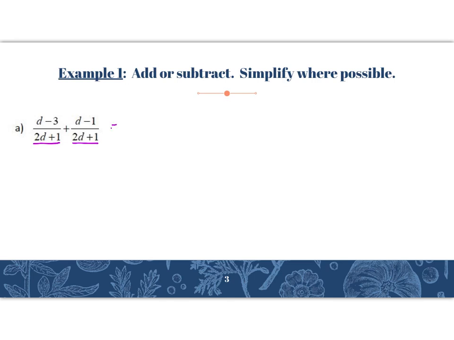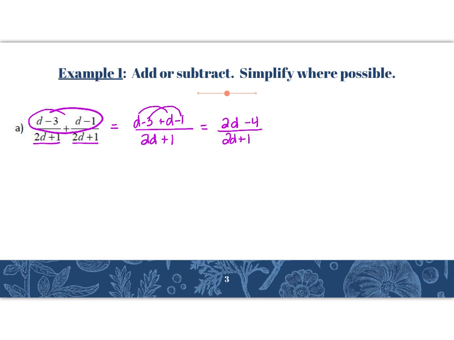So remember, when you add and subtract fractions, the denominator just is the denominator, so 2d plus 1, and then you do whatever is in the numerator. So you've got d minus 3 plus d minus 1. Combine your like terms: d plus d is 2d, negative 3 plus negative 1 is negative 4, all over 2d plus 1.